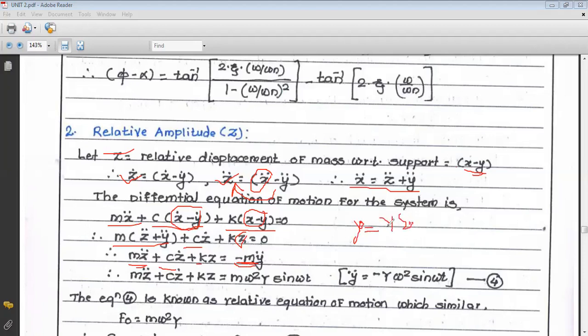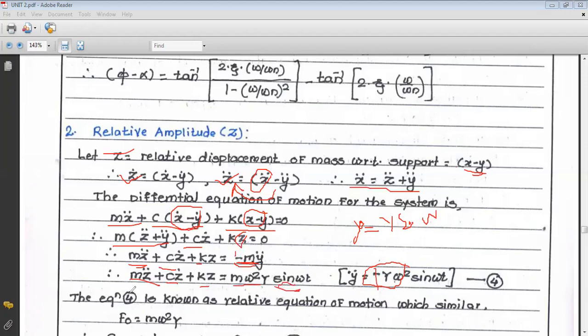If we differentiate this twice, it becomes minus Y omega square sine omega t, because sine omega t differentiates to cos omega t and differentiating again gives minus sine omega t. Omega comes from the first differentiation and omega square after the second. So we get m z double dot plus c z dot plus k z equals m, now this minus and this minus become plus, so m omega square Y sine omega t.